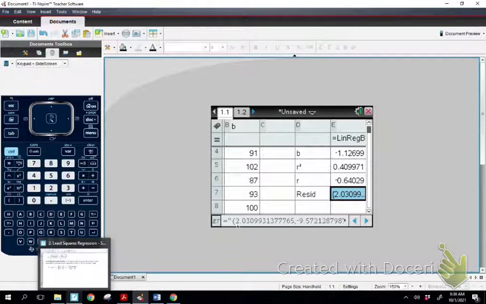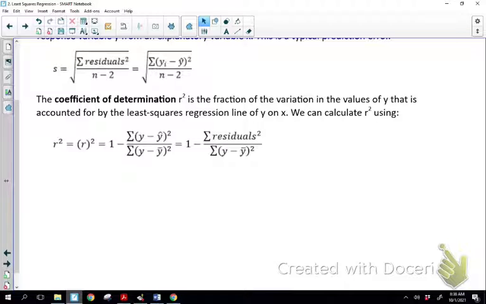All right, so let's define that. R squared is 0.4100.